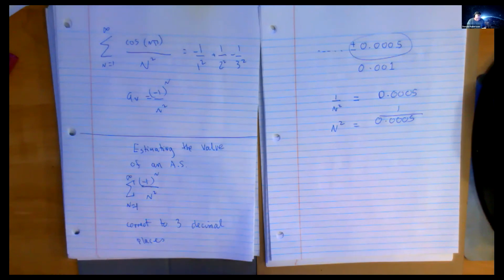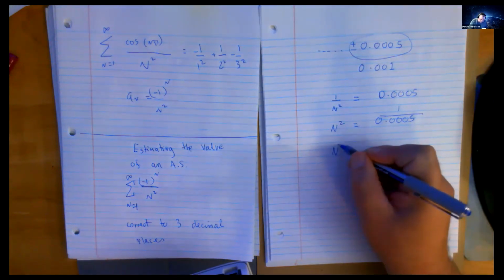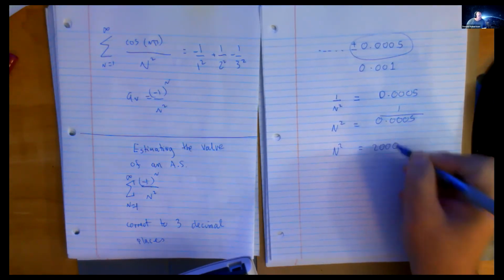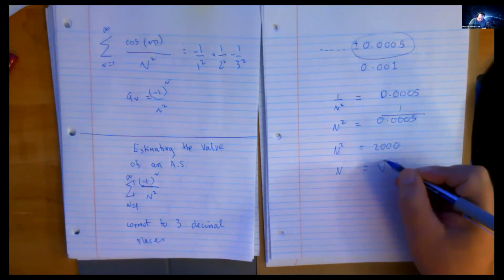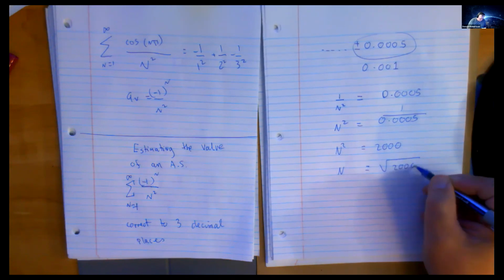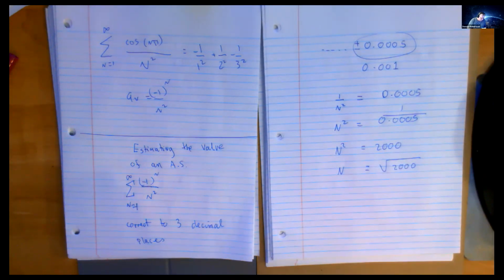So I'm just going to go to my calculator and do a 1 divided by 0.0005, and I get 2000. And then in this particular case, I'll take the square root of 2000.